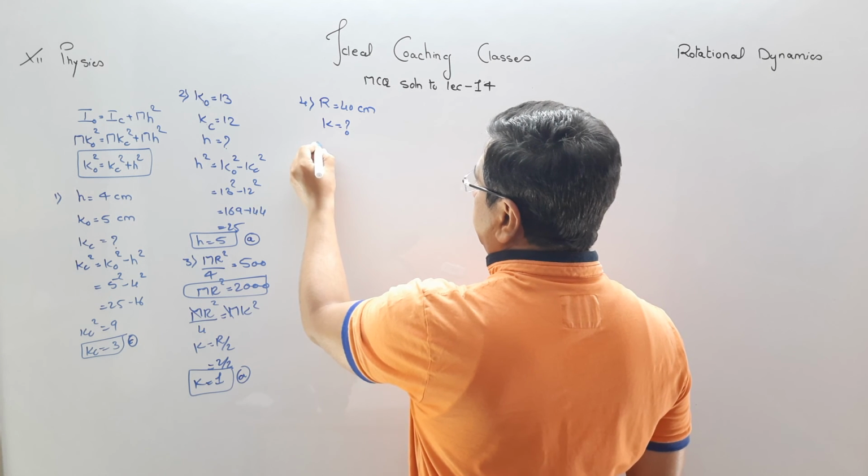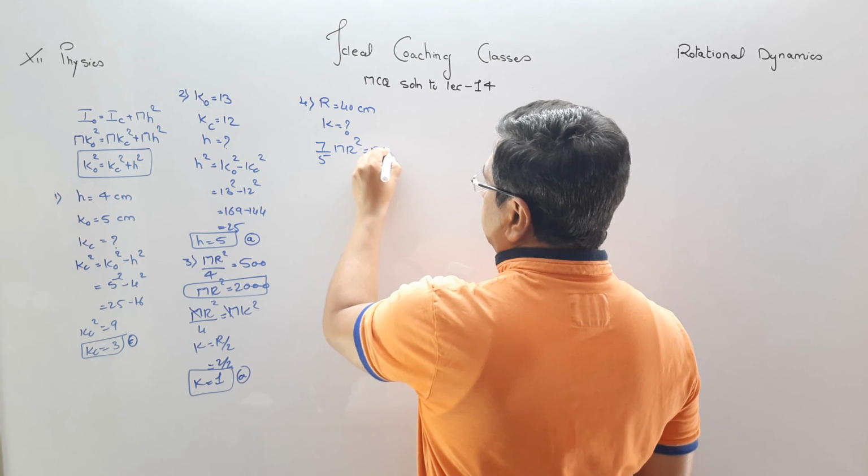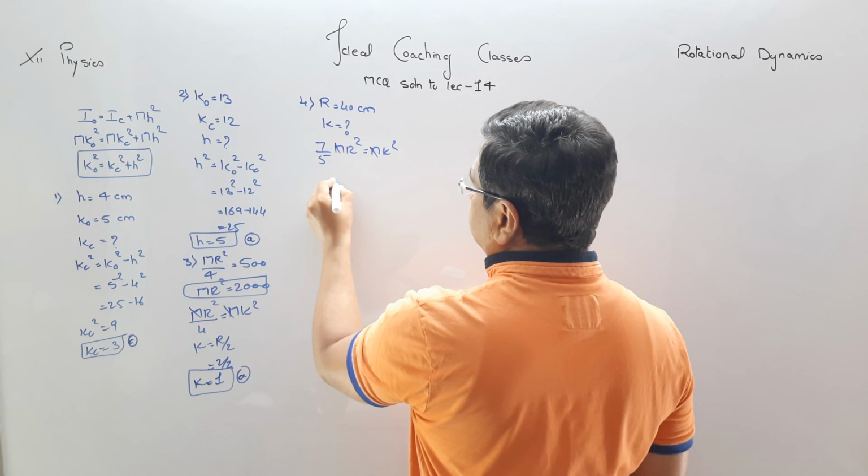So moment of inertia about the tangent आता है solid sphere का 7/5 mr square is equal to mk square. This gets cancelled.